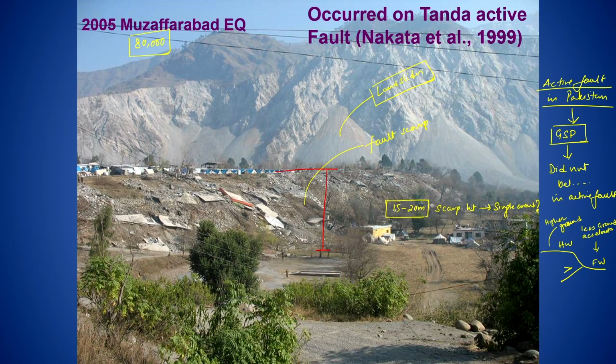So if we question about the height, then the answer is no. It is not possible that this 15 to 20-meter high scarp, or maybe more than that, was because of a single event. So we are not very sure about that, okay, but the possibilities are less. So less possibility that this is a single event scarp.